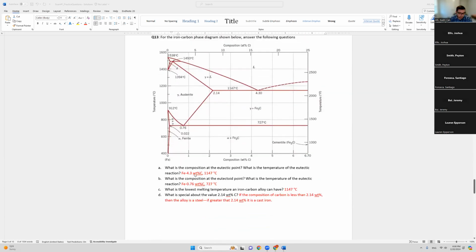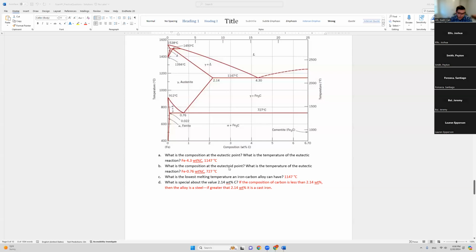For this iron-carbon phase diagram, the composition of the eutectoid point is 0.76 weight percent carbon. We are here at the eutectoid point, one solid going to two other solid phases. What is the lowest melting temperature an iron-carbon alloy can have?